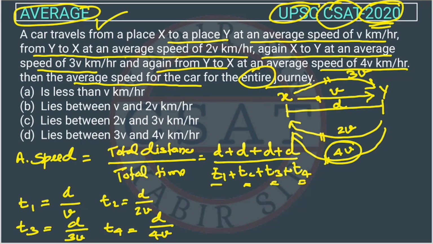So this D plus D plus D plus D will be 4D upon D upon V plus D upon 2V plus D upon 3V plus D upon 4V. See, this D will come out common and will cancel with the D above.